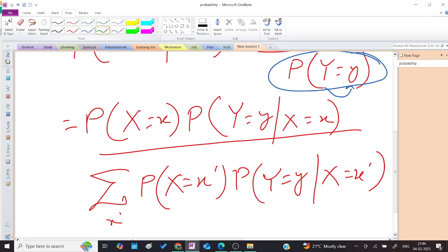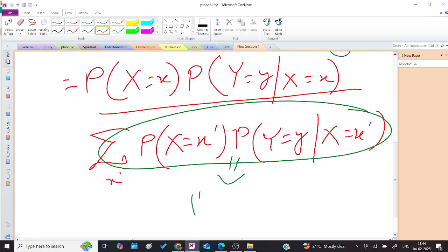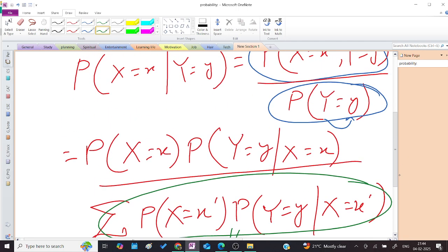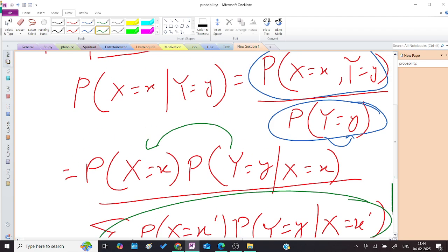So this will result in the probability of capital Y equals small y. Okay, and this will result in the joint probability.